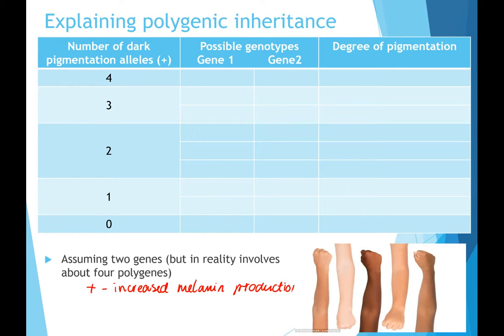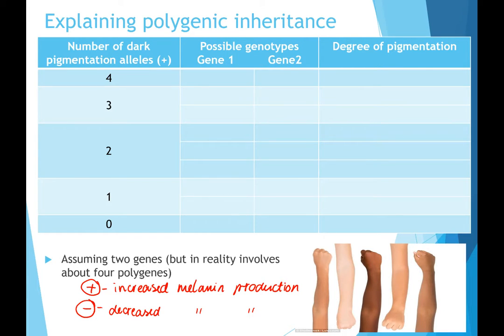That's the protein that makes your skin darker. And that's the plus. The minus allele, we're going to have decreased melanin production.